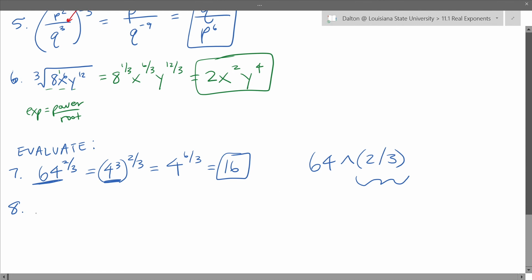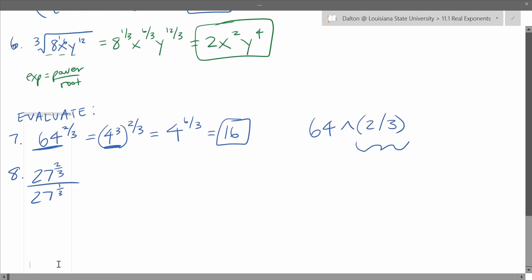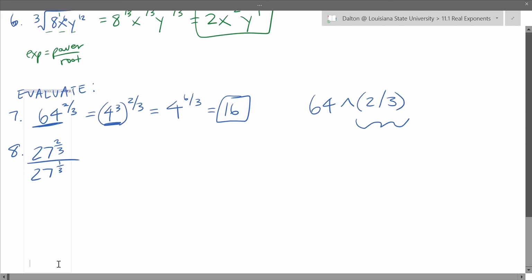Okay, number 8, 27 to the 2/3 power over 27 to the 1/3 power. The rule here is when you divide your numbers, you subtract your exponents. So this is the same thing as 27 to the 2/3 minus 1/3. They already have common denominators, so I don't need to do anything there. I just subtract, 2/3 minus 1/3 is 1/3.